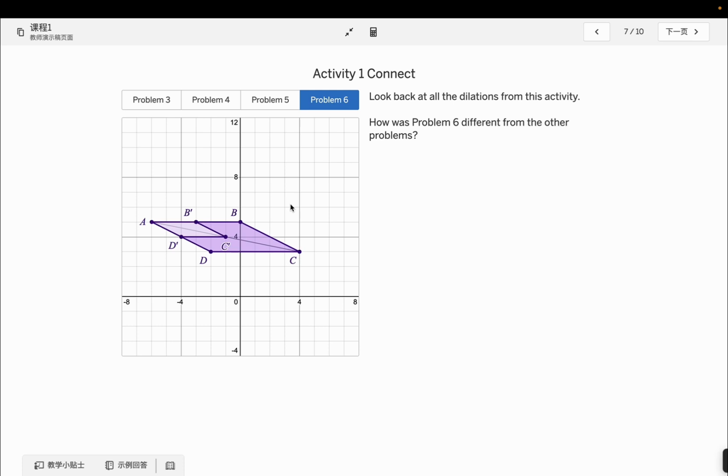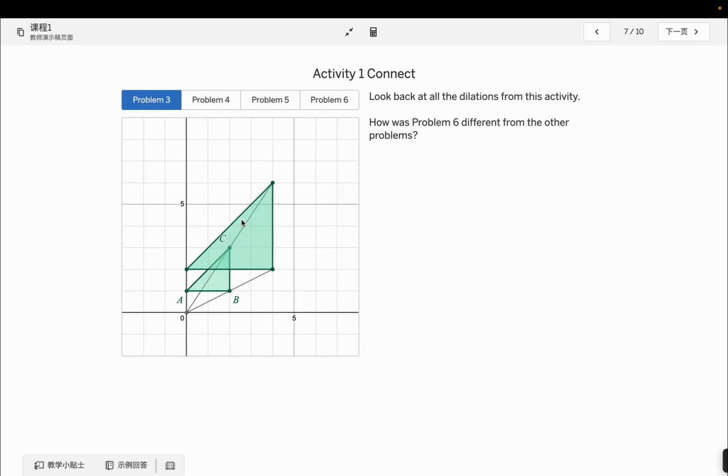And I also want to know the strategies that you used differently. When the center of dilation is not at the origin, it is easier if we just measure the distance, like how many units right, up or down, then use the scale factor on that distance.